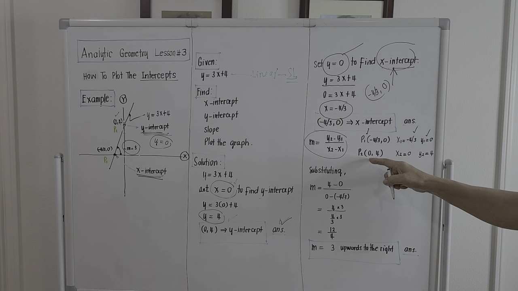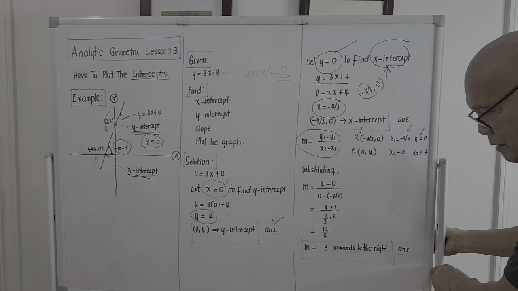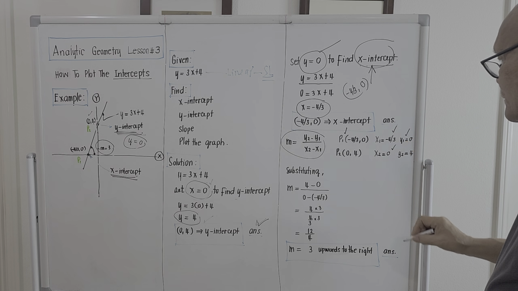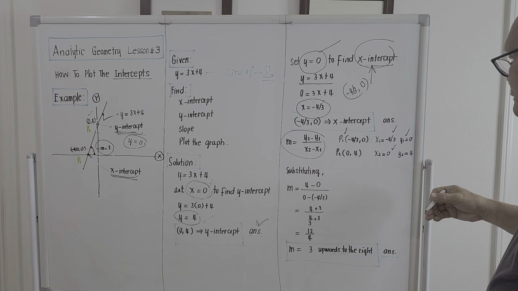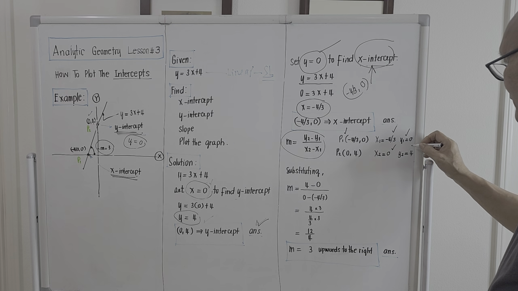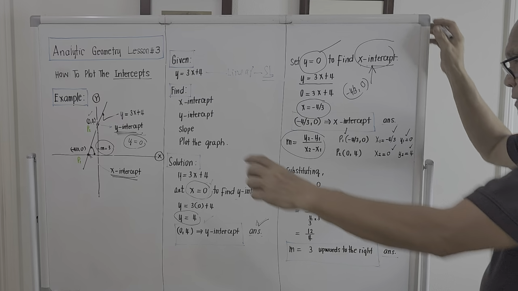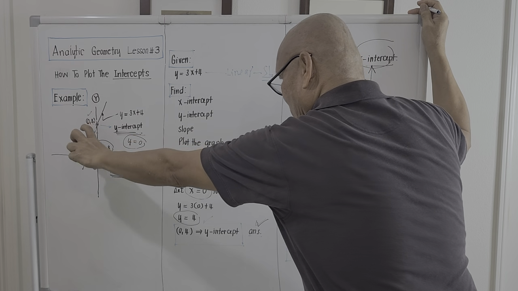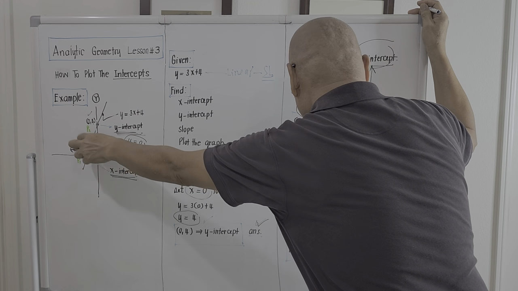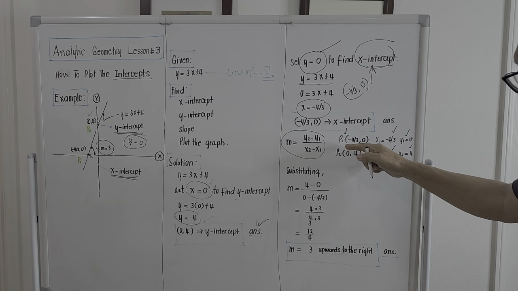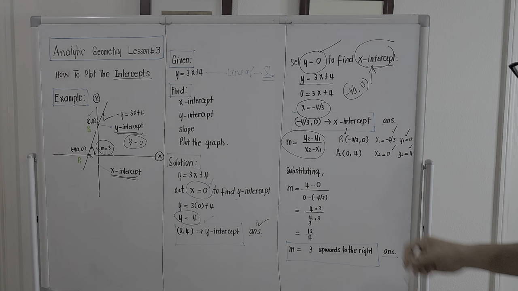It will be at the location 0 and 4. So x sub 2 will be 0, the abscissa is 0, and the ordinate will be 4 at point P with the subscript 2, right? So we are now assigning the subscripts for use in this formula.